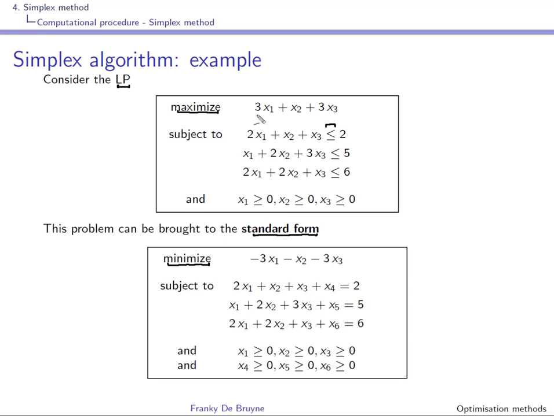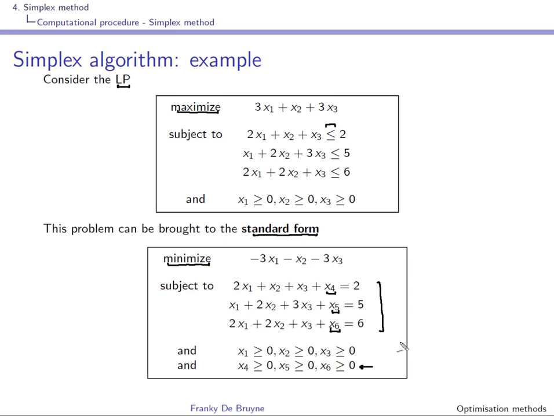Simply take the objective function and multiply it by -1. And we have to transform these inequalities into equality constraints. This can easily be done here by using, in this case, slack variables x4, x5 and x6 that you have to constrain to be positive or 0, right?